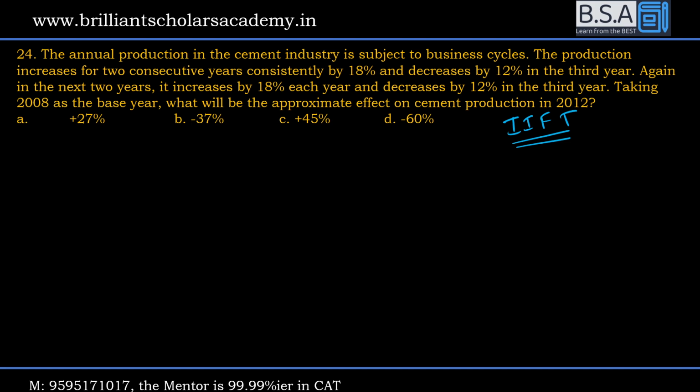Again, for the next 2 years, it increases by 18% and decreases by 12% in the third year. By taking 2008 as a base year, what will be the approximate effect on production in 2012?